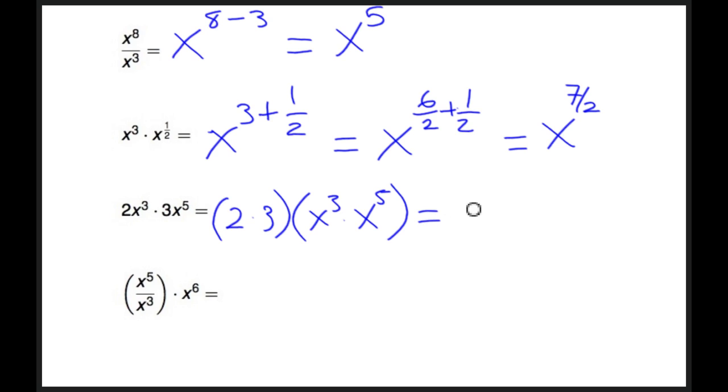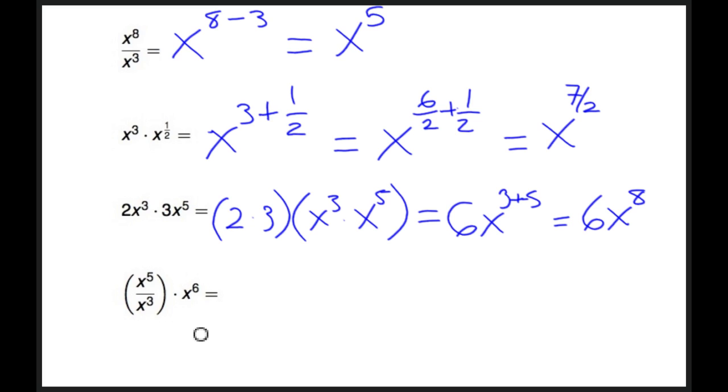Well, 2 times 3 is, of course, 6. And x cubed times x to the 5th. Since we're multiplying things with the same base, the base in each of these is x, that means that we add the exponents. So this will be x to the 3 plus 5, or 6 times x to the 8th as your final answer.